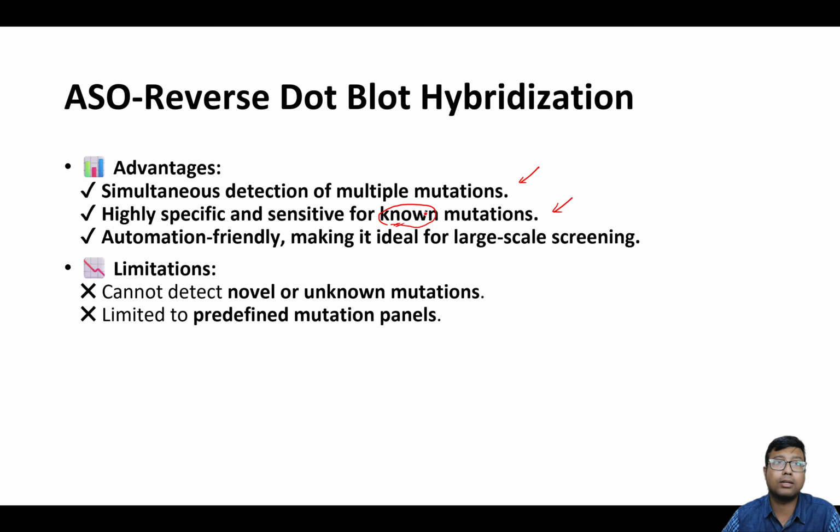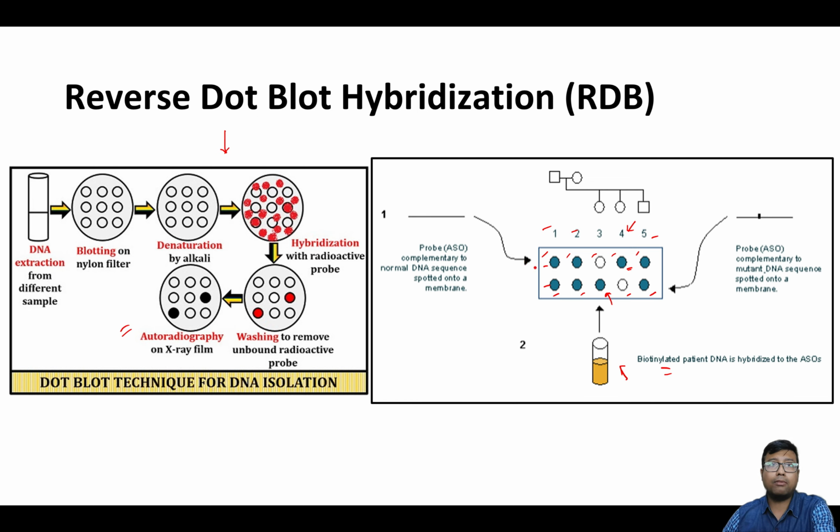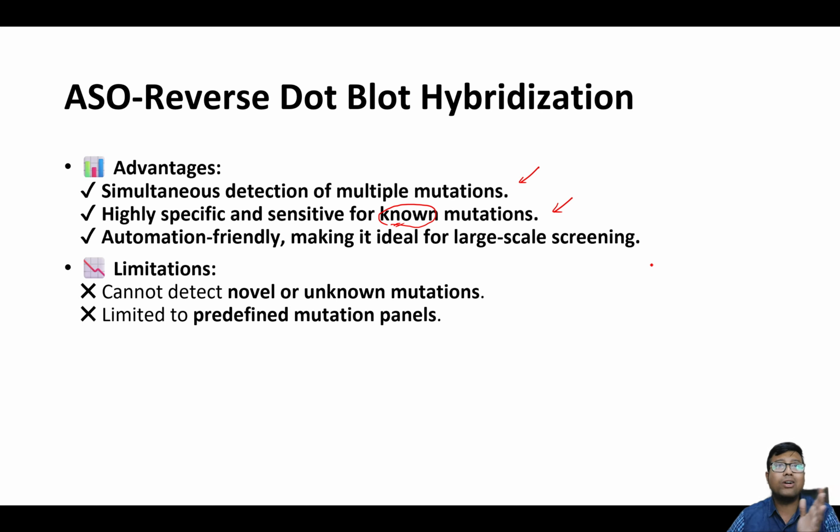Very, very important, known mutations. You can see we have added 5 dots to a membrane, and then we are adding the DNA. You can automate the process. We can add hundreds and hundreds of dots, and use a robotic arm to simultaneously apply multiple samples, right? So it is automation friendly, making it ideal for large scale screening.